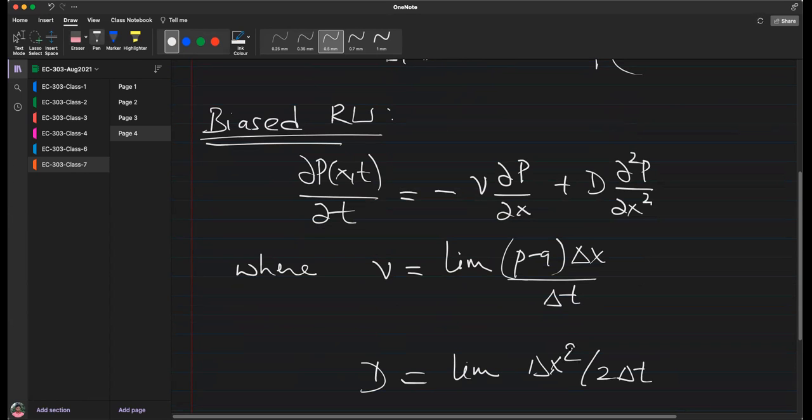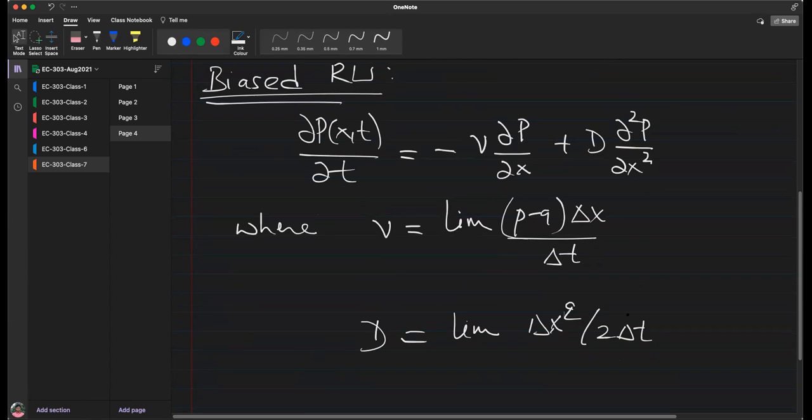Is that right, people? Is that what you all found? Yes. Okay, so again, delta x goes to 0, delta t goes to 0.